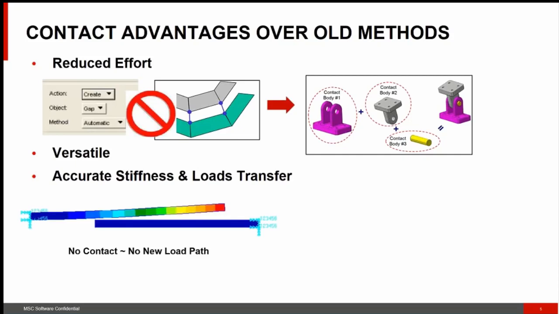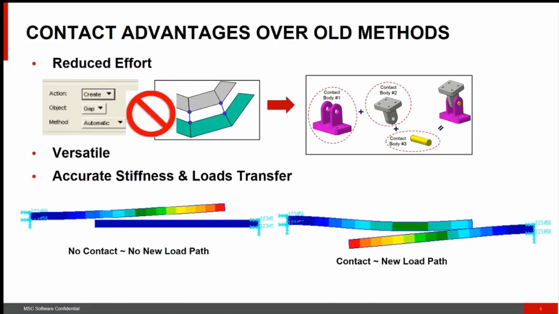Also, another benefit of using contact is the accuracy, which is very important. As you can see here, I have two pictures. On the left side, we have the two plates contacting when there is no contact defined, so the structures are not aware of each other. If you look at the deformation, they may pass through. But when we have the contact, the load path is changed. For complex assemblies, how the load is transferred from one part to another is very crucial when it comes to calculating the accurate stress distribution.